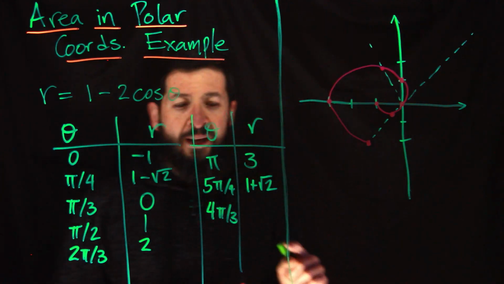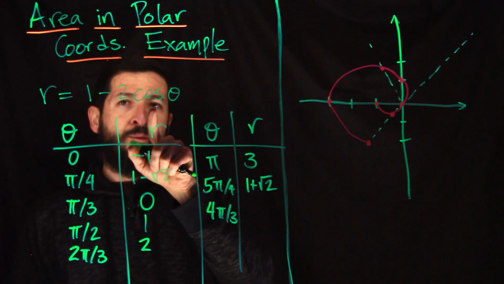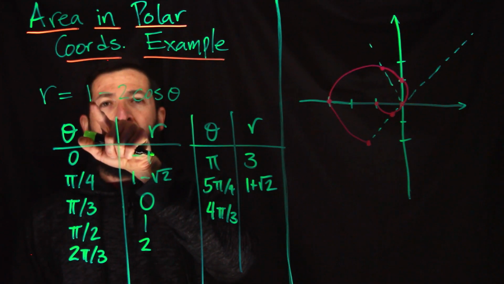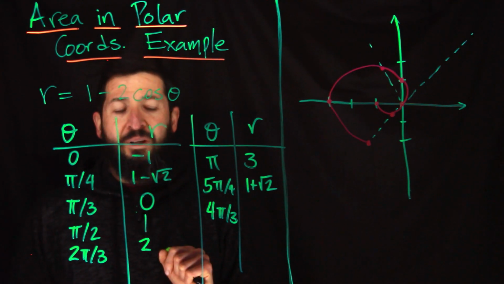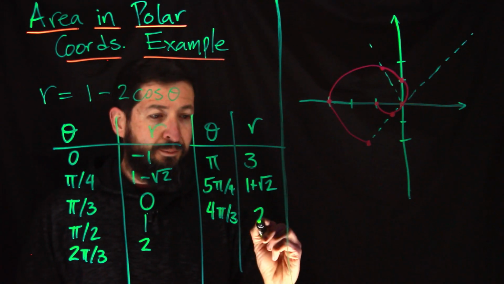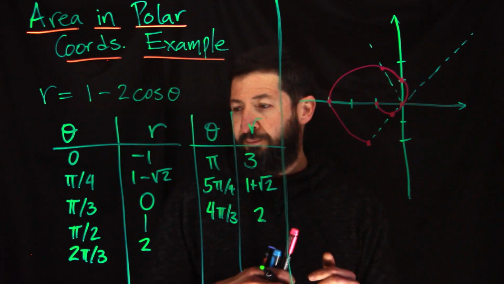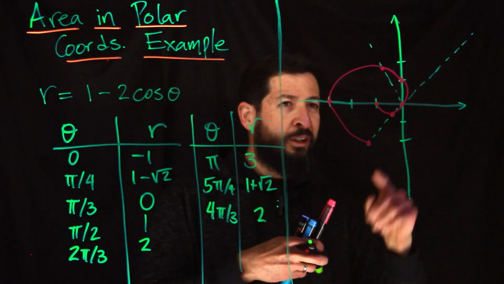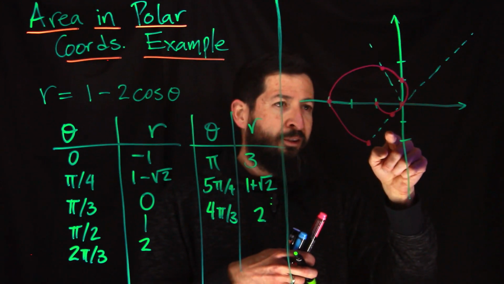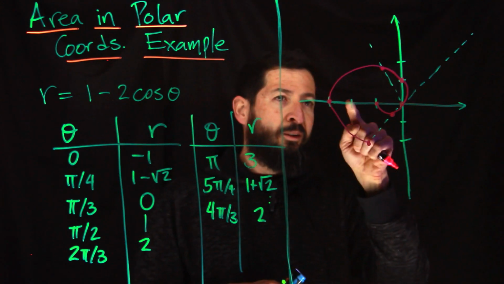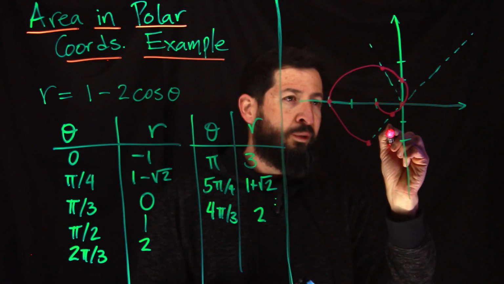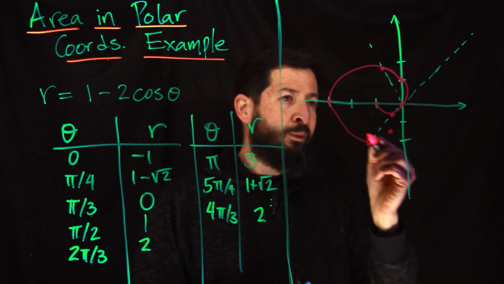And when you plug that in, the cosine is still -1/2. So you get 1 minus -1, which is going to be 2 again. So this one is going to send me here, 2. The angle is going to be somewhere here. That's not the one I wanted to plot, but now we're here.